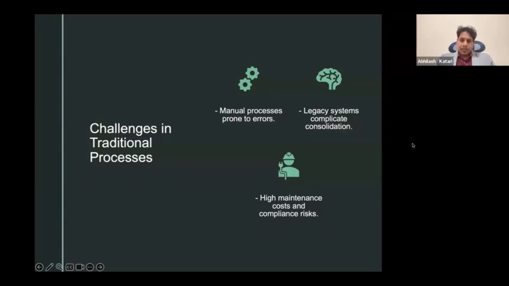The challenges in traditional processes are, as I mentioned, there are some manual processes that we do in the existing applications, right? We also have some legacy systems that we maintain, which contain a huge amount of data.